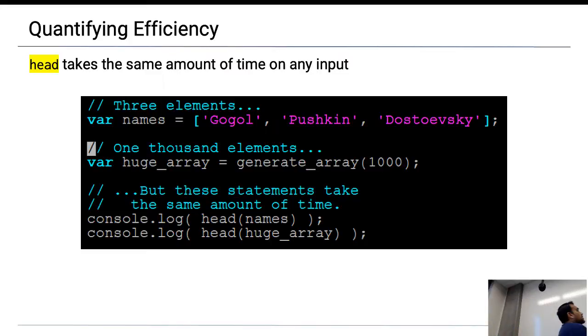So for time efficiency, it doesn't matter what the length of the array is. Your head function is always going to take the same amount of time, right? Constant time always takes the same amount of time no matter what you pass in. That's the definition of the most efficient algorithm: no matter what you pass in, no matter the size of the array, it always executes in the same time.